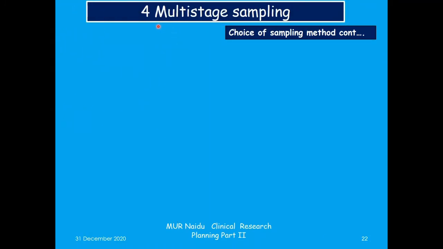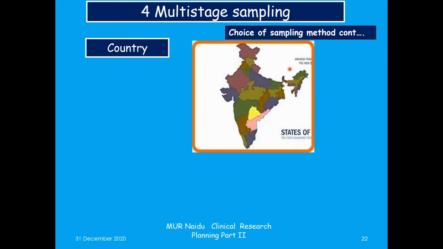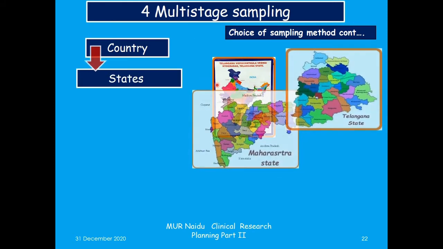This is a very interesting slide showing an example of how multi-stage sampling is done. We start with the country. For example, here I have taken India. Then you have to select two states.